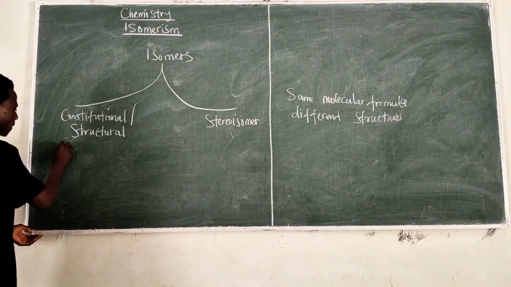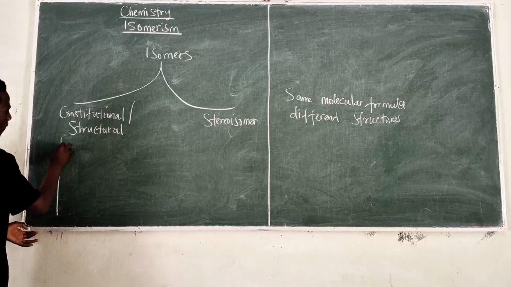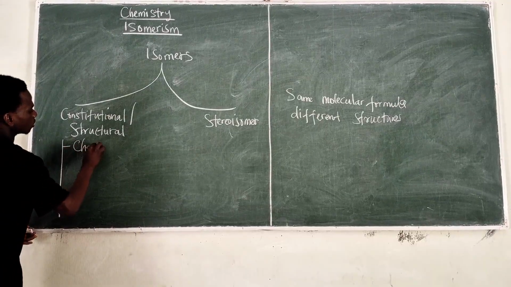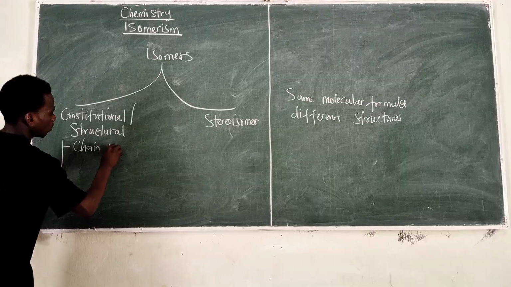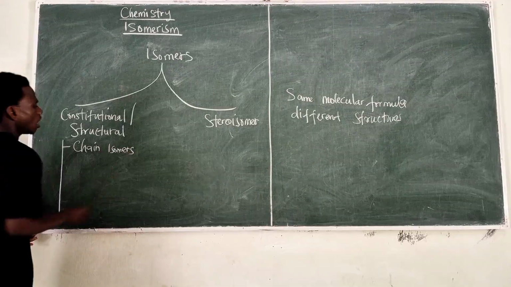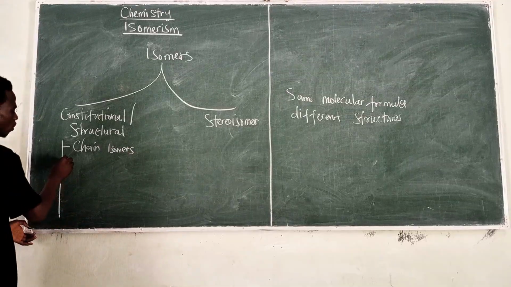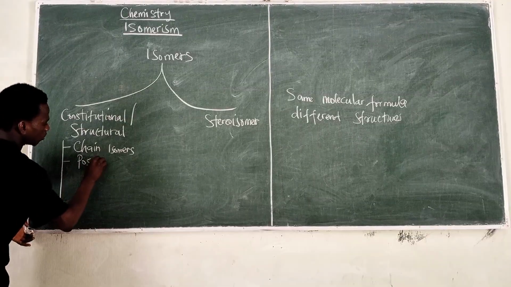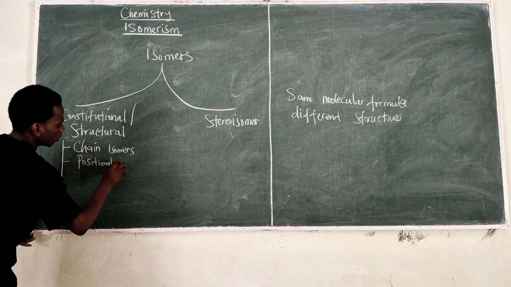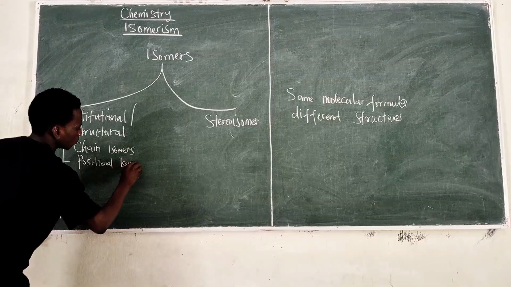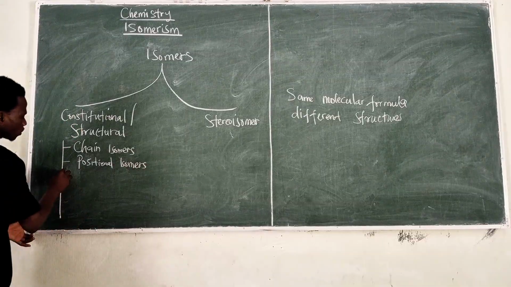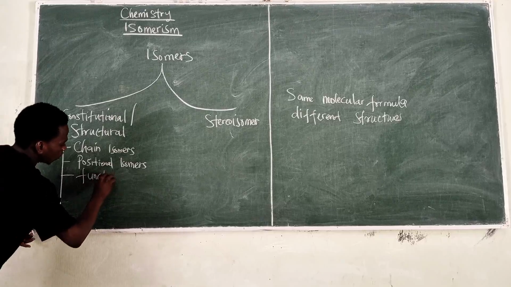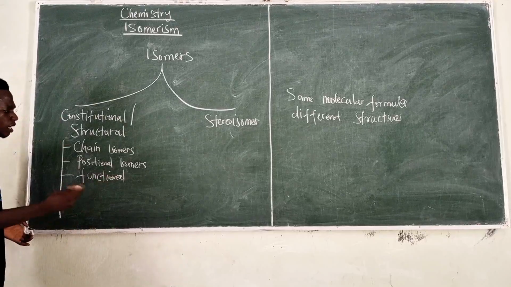We have number one of them called chain isomers. Apart from chain isomers, we also have positional isomers. We also have functional isomers or functional group isomers.